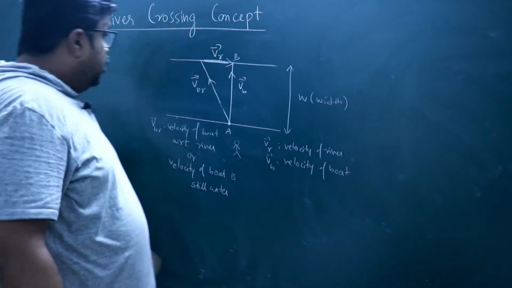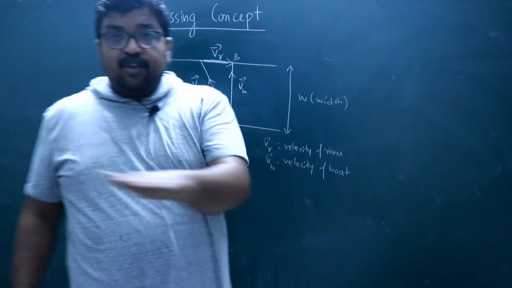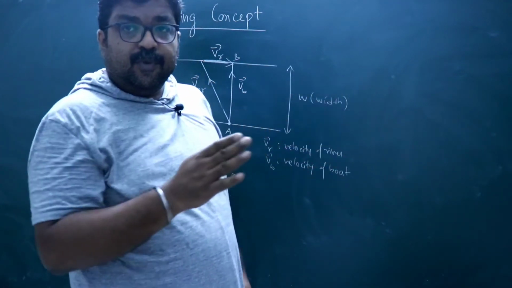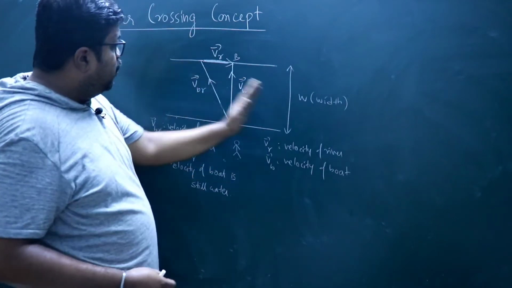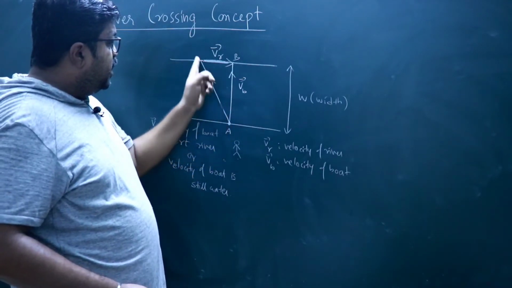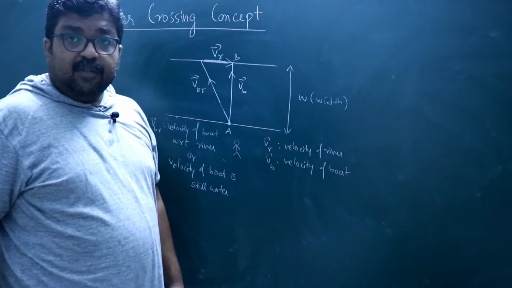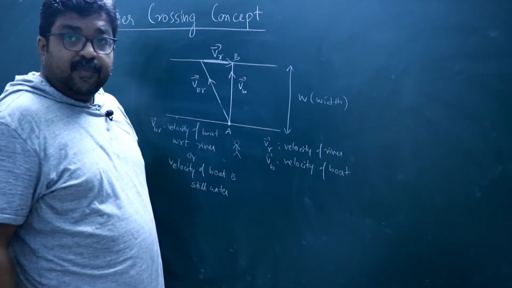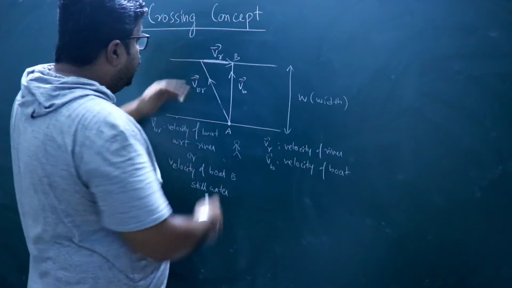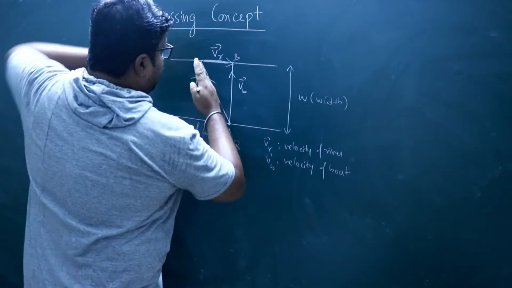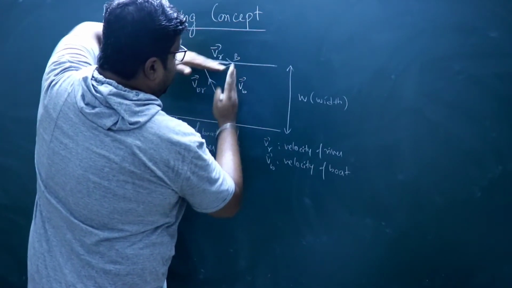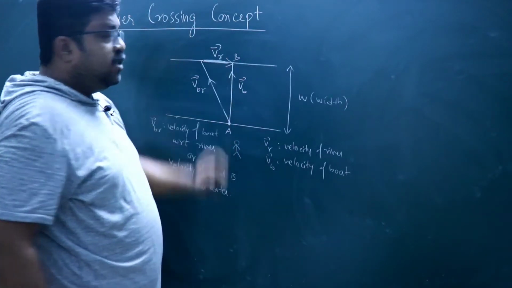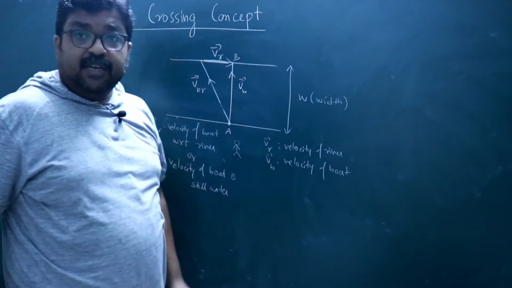But in case the river is not flowing, if I go in this direction, I will continue to go in this direction. So if the river is not flowing, if the boat goes in this direction relative to the river, that is also the velocity of boat in still water. It is only the river flow that is pushing it, and finally to an observer on the ground, he will observe that the boat has gone in this direction.